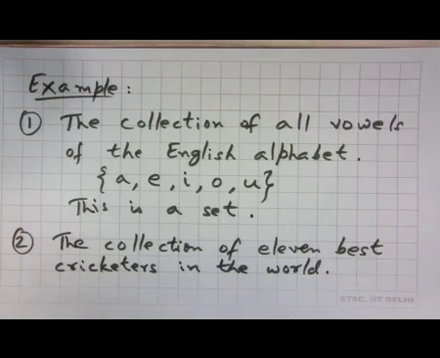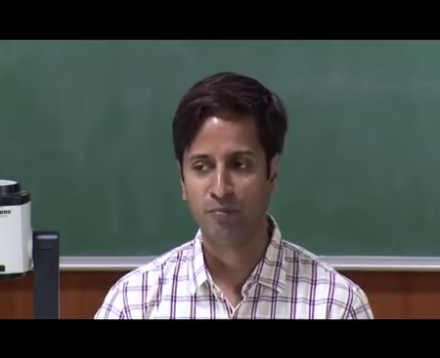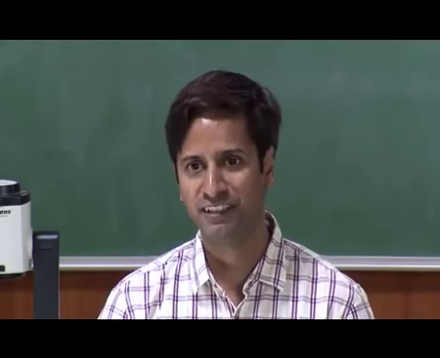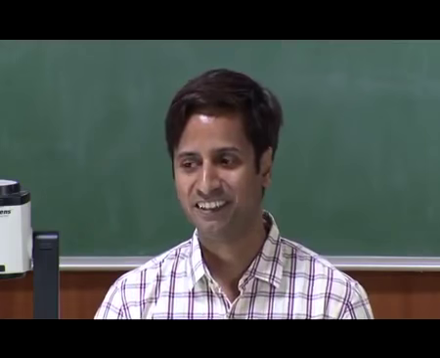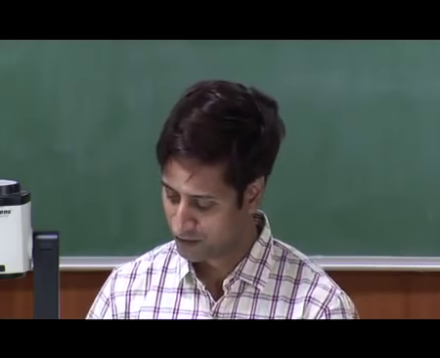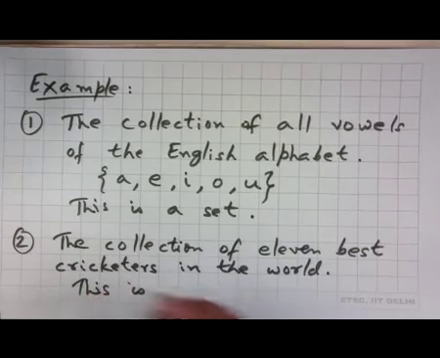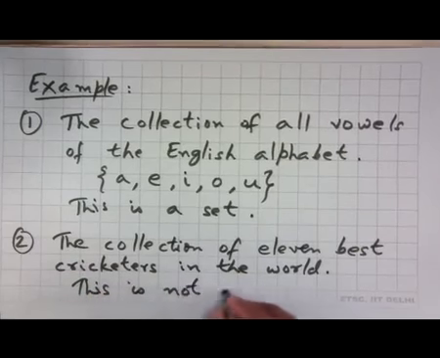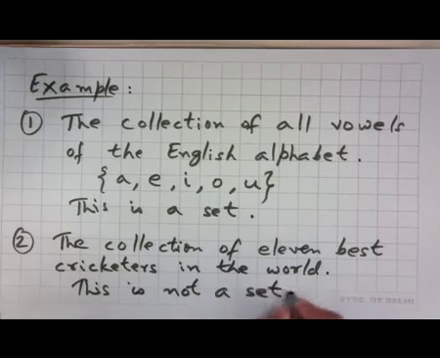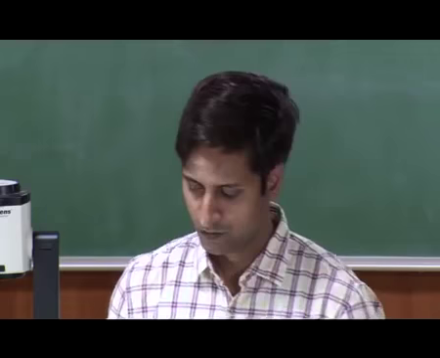So, this is not a well defined collection, because it depends on people's perspective who is a better cricketer. So, this will not be a set. This is not a set. Okay, so, we will see many examples of sets in due course.